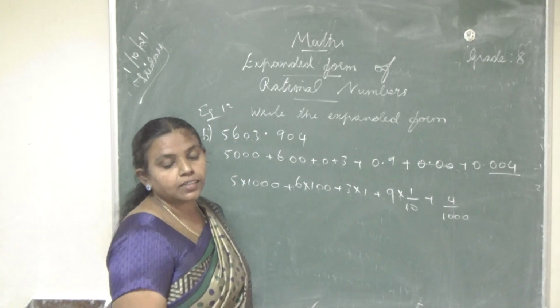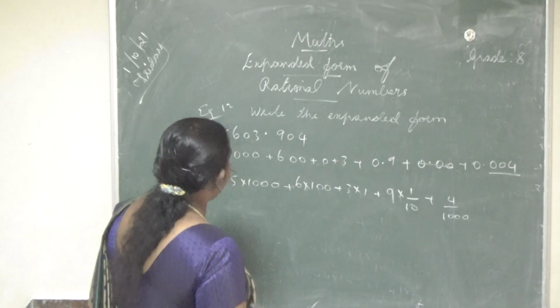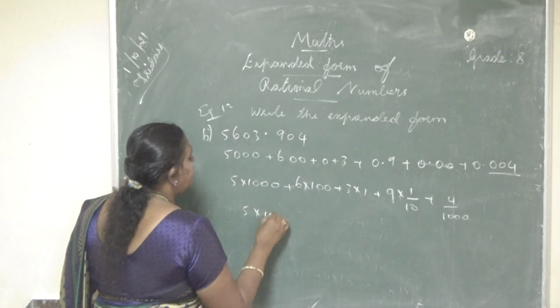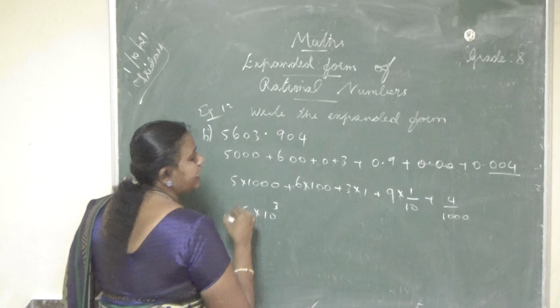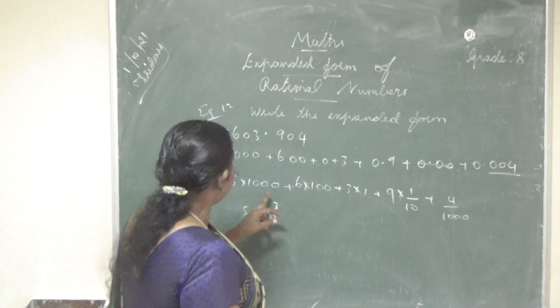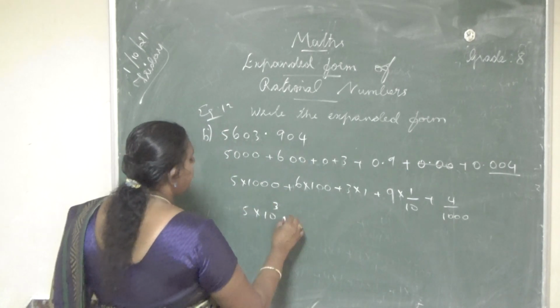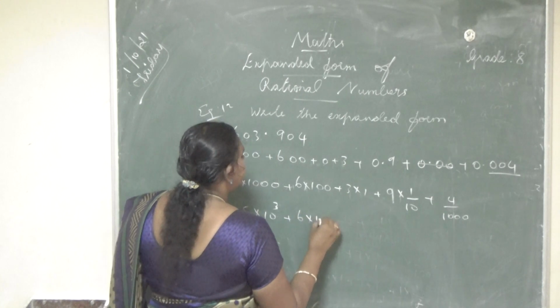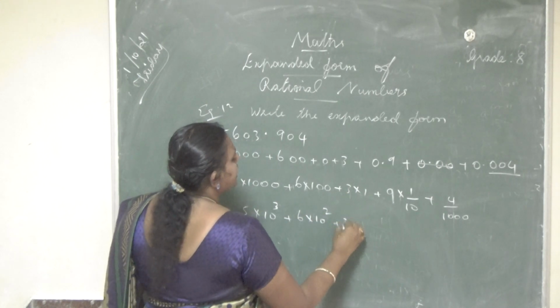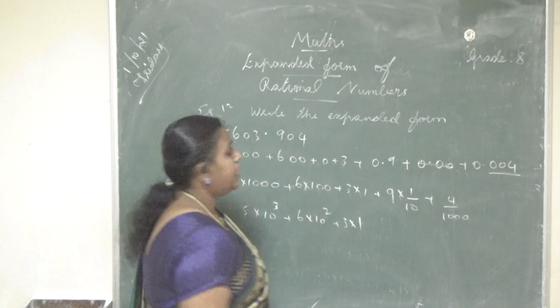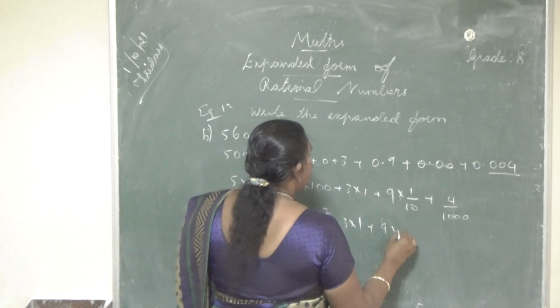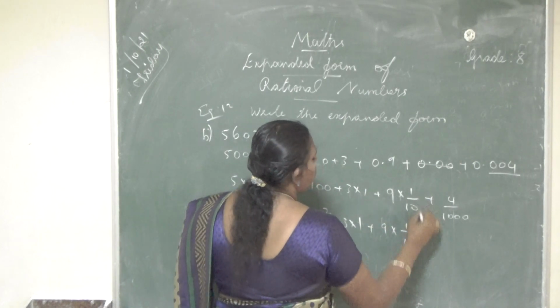Next what? 5 into 10 to the power 1, 2, 3. 3 digits are there. Plus 6 into 10, 1, 2, plus 3 into 1. Plus 9 into 1 by 10 to the power 1.